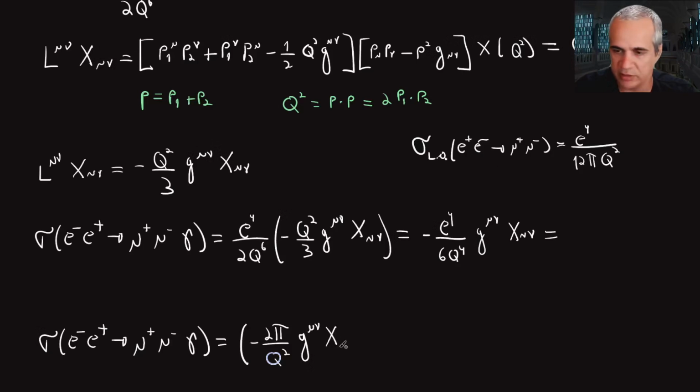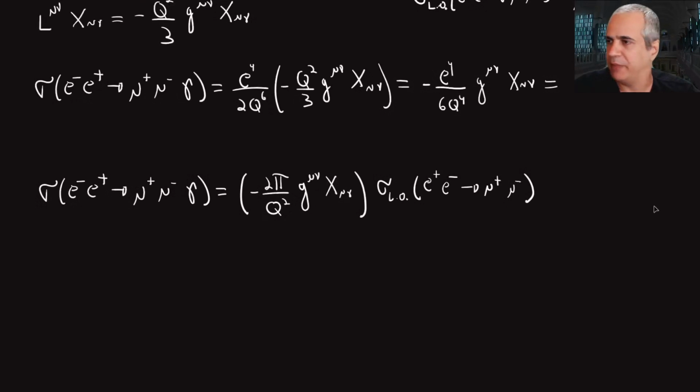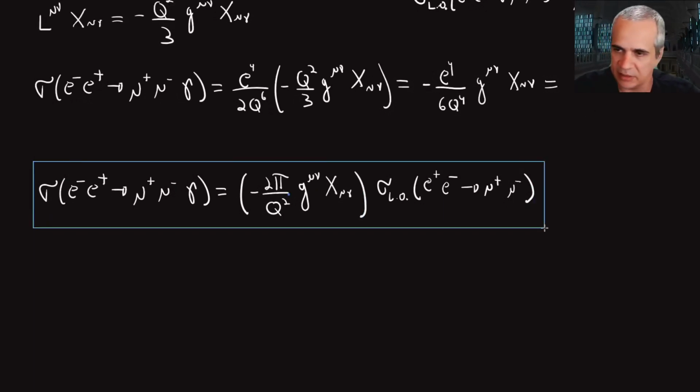I want to write this as a thing proportional to the cross section at leading order of another process, which is this one, e+ e- to mu+ mu-, right? Why do I want to do that? Let me put a box around this, and then we can discuss what I'm doing here now.